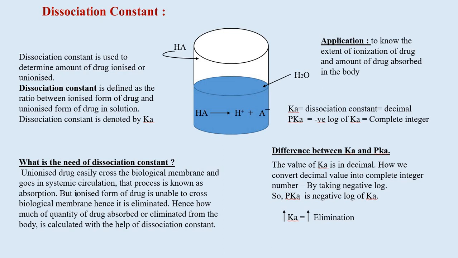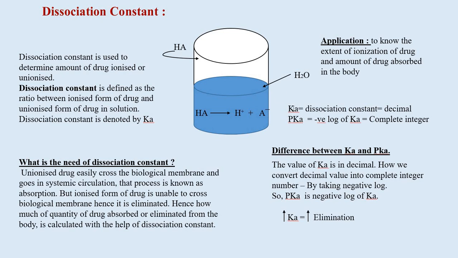But ionized forms are unable to go because of the lipophilic membrane, and the ionized form is eliminated from the body. Hence, how much quantity of the drug is absorbed in the body and how much is eliminated from the body is calculated from the dissociation constant.